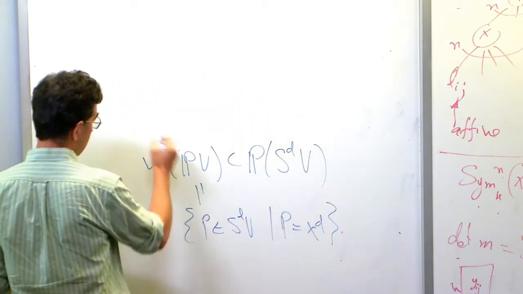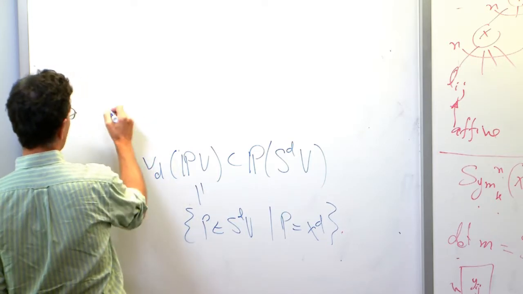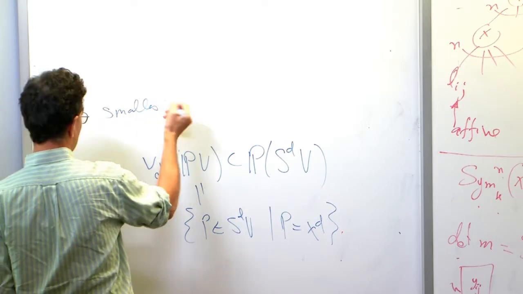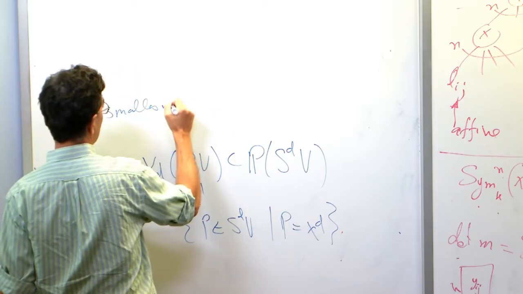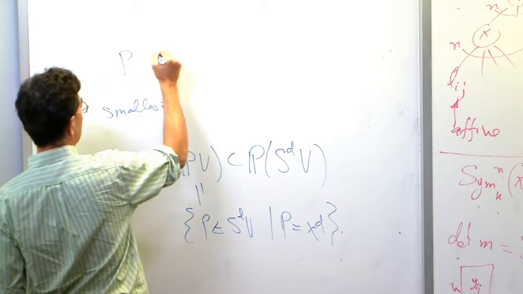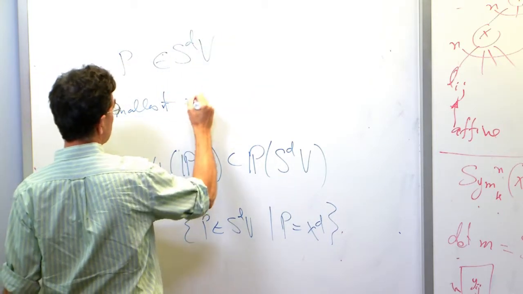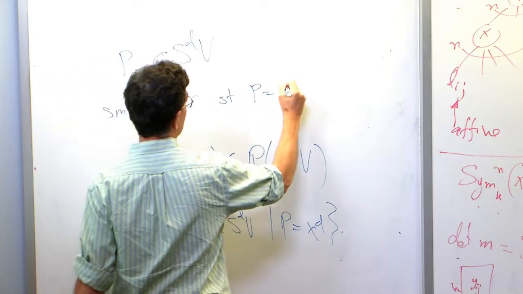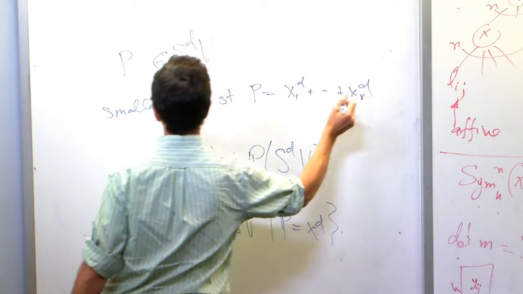And then you have this symmetric rank, or Waring rank, of P: the smallest r such that the polynomial P is x1 to the d plus ... plus xr to the d.